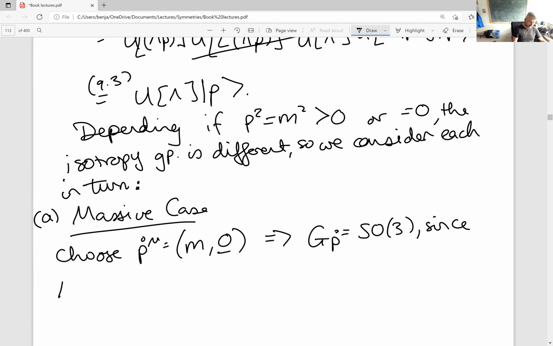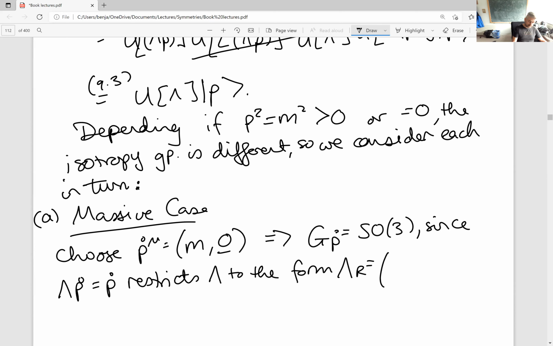since lambda P dot is P dot, restrict lambda to the form lambda R is 1, and then some zeros, and then we have this 3 by 3 matrix R, where R transposed R is the identity.